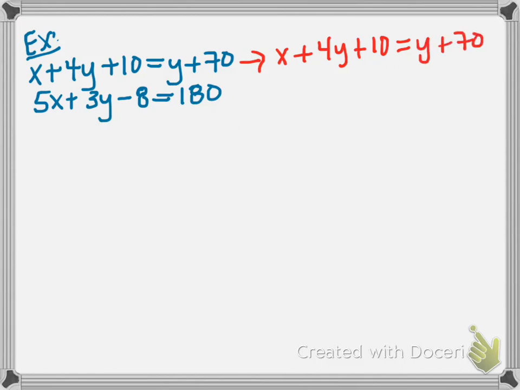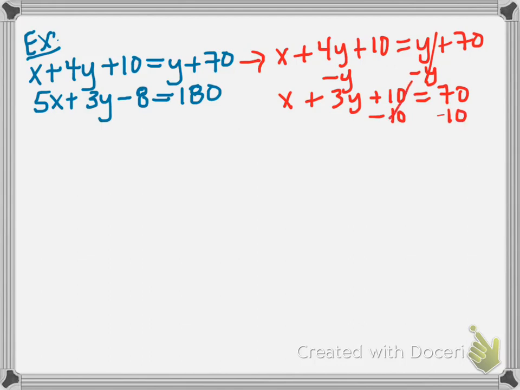Okay, we might want to maybe move this y over here to be with the 4y. So we're going to get x plus 3y plus 10 equals 70. And then we need to move that 10 over to be with the 70. So x plus 3y equals 60.